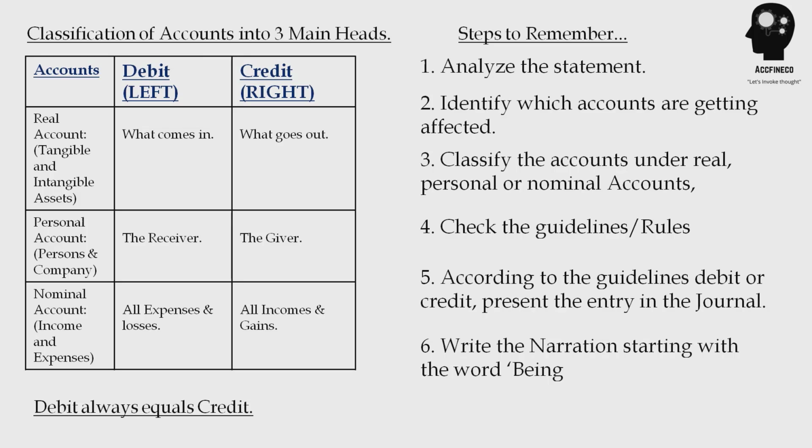Sixth, write the narration starting with the word being. Remember, for every debit, you will always have an equal credit or credits or vice versa. Debit means left side and credit means right side. This is used particularly in presentation.